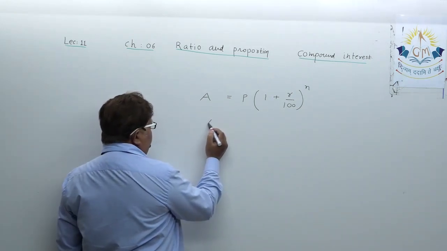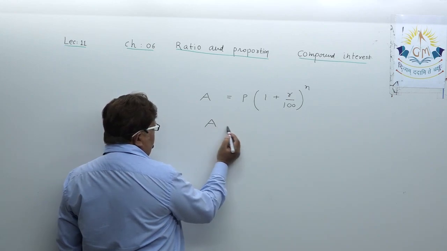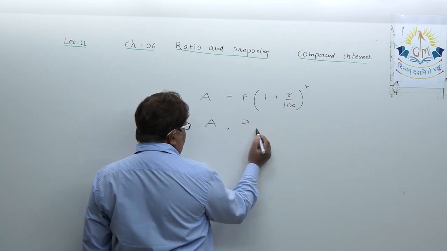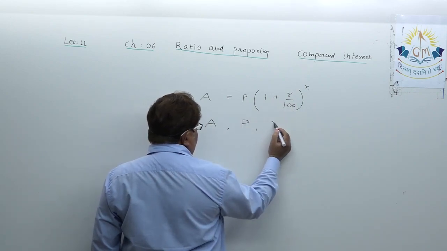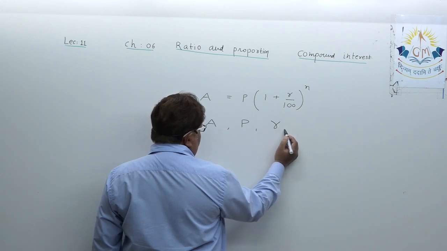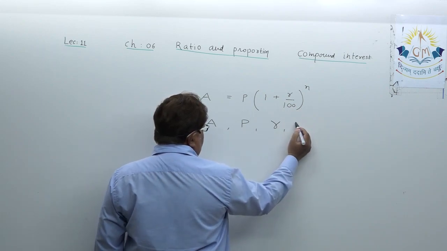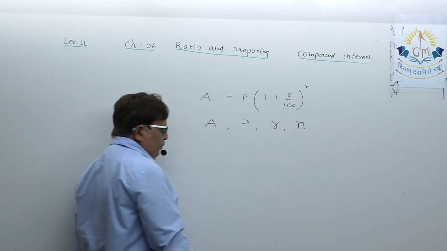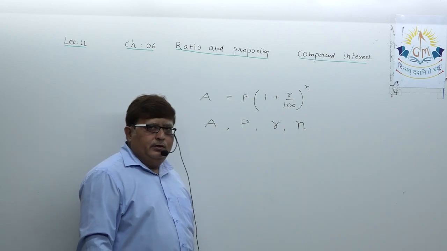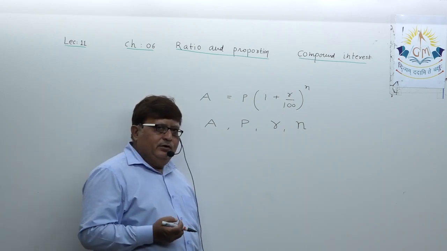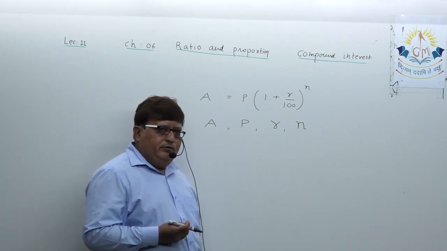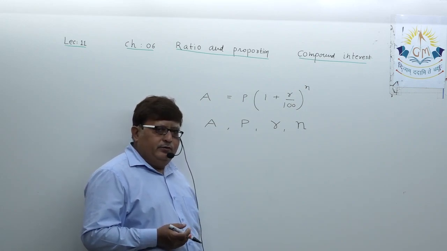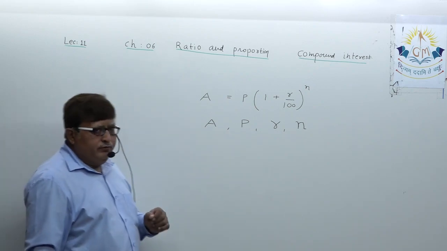One, that is amount; one, that is principal; one, that is rate of interest; one, that is number of periods. I am not speaking the word number of years. Understand? I have spoken the word number of periods.